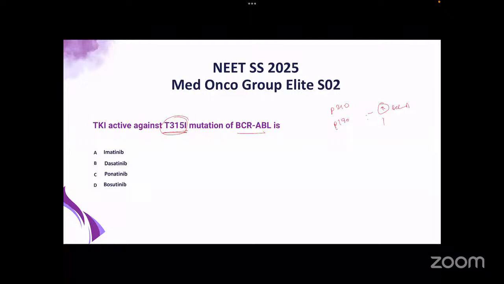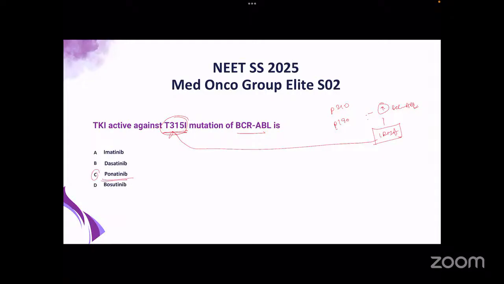The test is called IRMA, imatinib resistance mutation analysis. In the IRMA, one thing we look for is T315I. This is a very specific mutation on which only one drug acts, which is ponatinib.